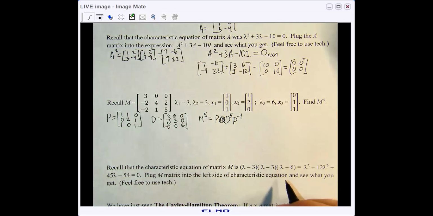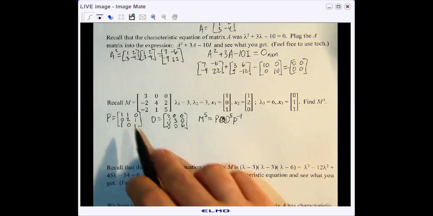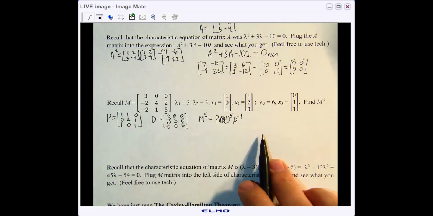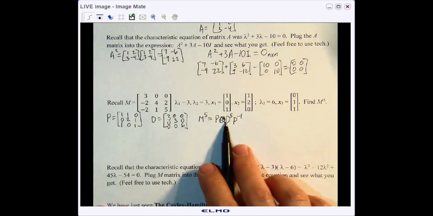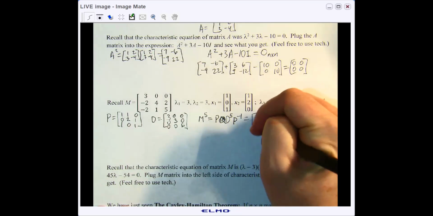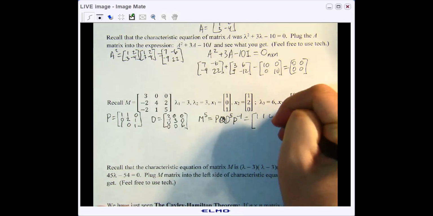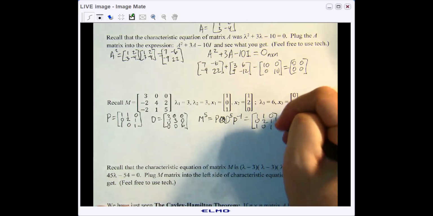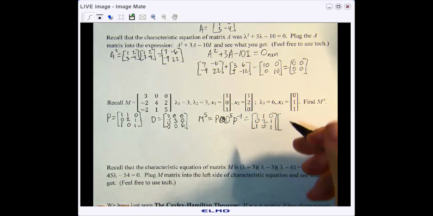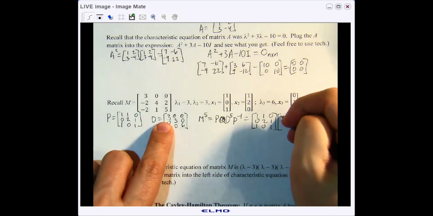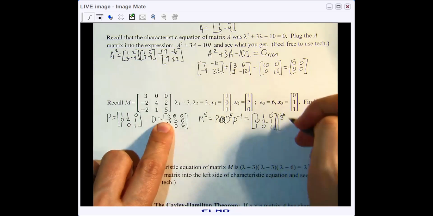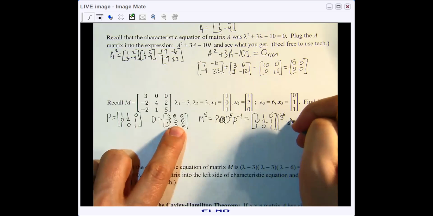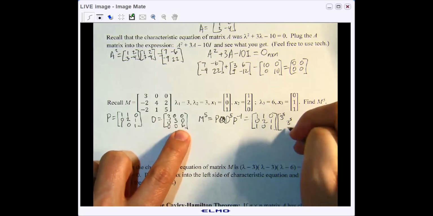Okay, so we could find out what P inverse is. We'll probably use tech for that. P would be [1, 1, 0; 0, 2, 1; 1, 0, 1]. D to the 5th power will have 3 to the 5th power, 3 to the 5th power, and 6 to the 5th power.